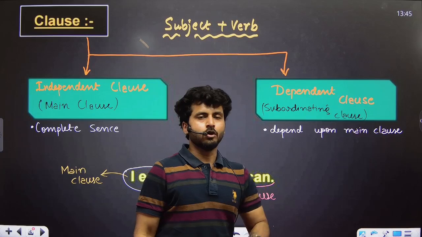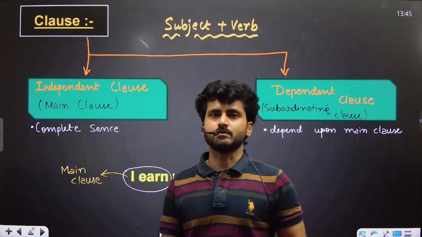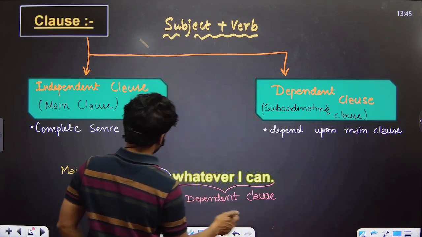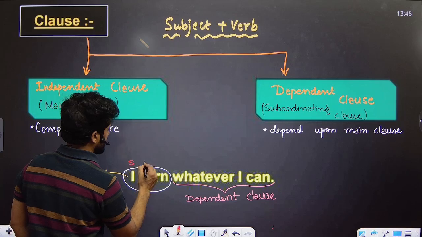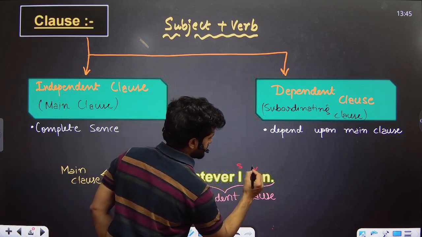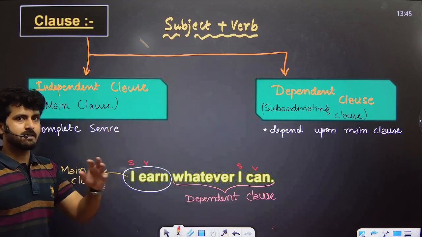Got it? So for a clause, you will have the subject and verb. See, in both the places you will get the subject and verb. I is the subject, earn is the verb. I is the subject, can is the verb. Phrases will not have the subject and verb.